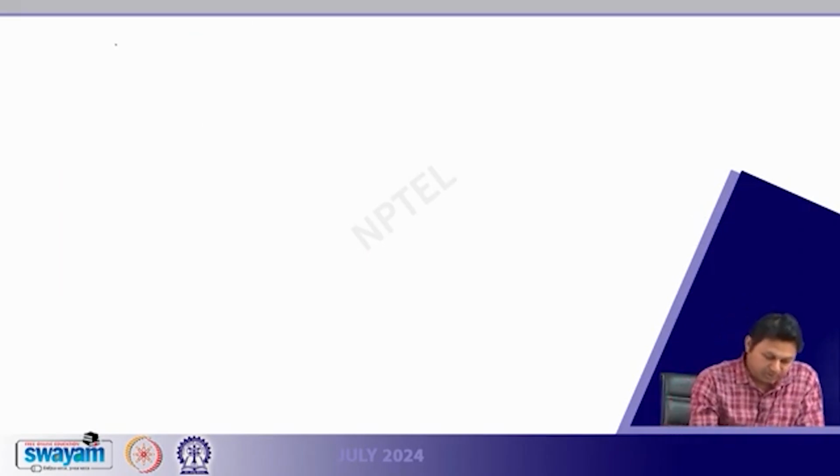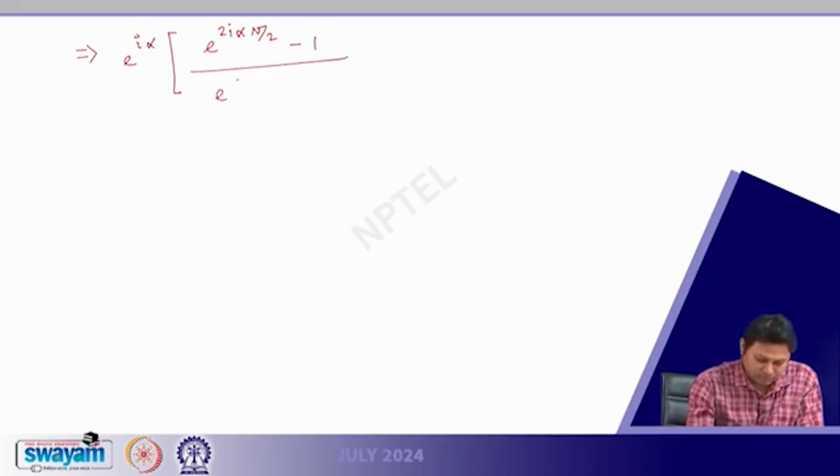So, that thing is essentially e to the power of I alpha and then e to the power of 2 I alpha, which is x, multiplied by n by 2 minus 1 whole divided by e to the power of 2 I alpha minus 1.